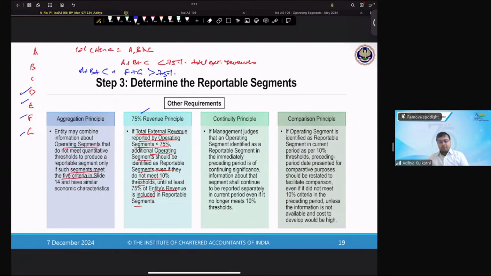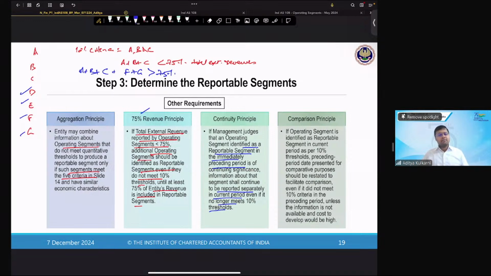Now, the continuity principle. If management judges that an operating segment identified as a reportable segment in the immediately preceding period is of continuing significance, information about that segment shall continue to be reported separately even if it no longer meets the 10% threshold. Previous year, it was reportable.